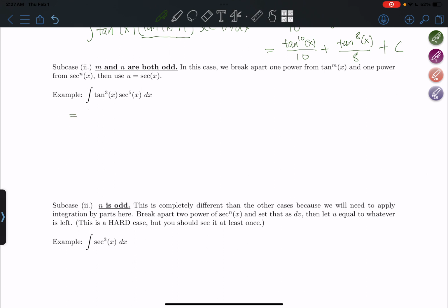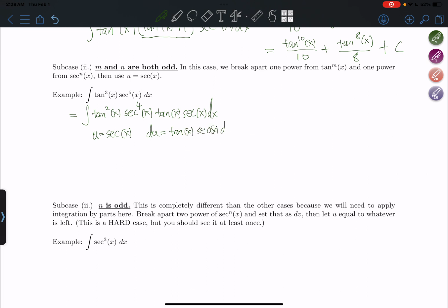This problem, tangent squared x, right? Break off one copy. Secant, secant to the 4th x, and then we'll have tangent x secant x dx. Now here I'm going to let u equal secant x, then du equals tangent x secant x dx.